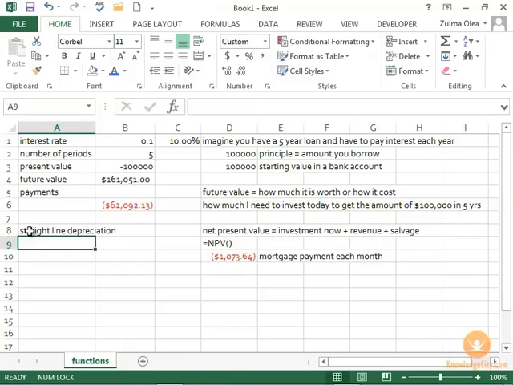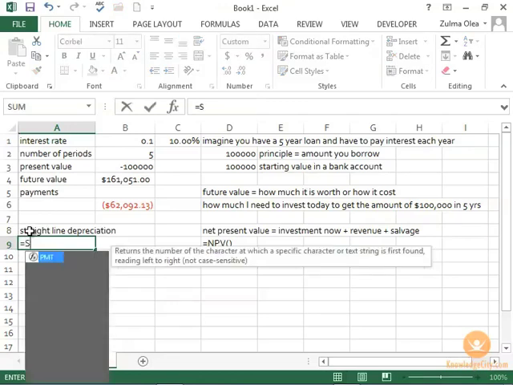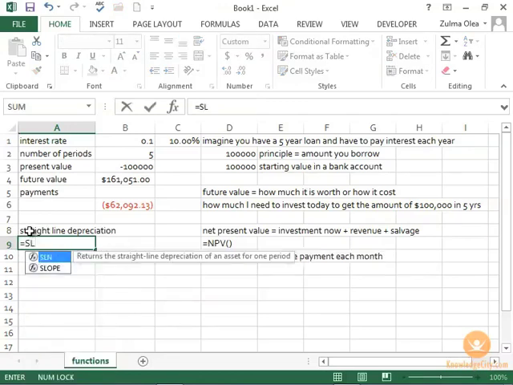The most common one, straight line, is like this, SLN. There it is. That's the most common one you're going to want to know. Notice we need to know the cost. So when you do straight line depreciation in accounting, you need to know how much you paid for the asset. Let's say I paid $120,000.